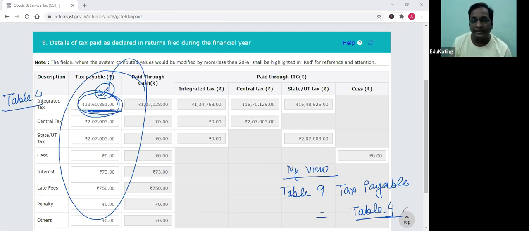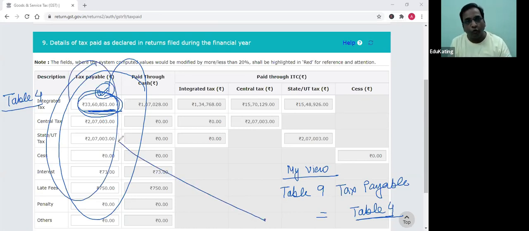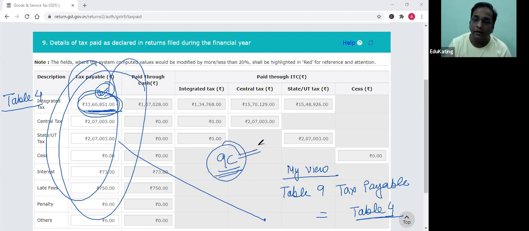I fully agree that in the paid through ITC, 1 crore would appear and we can't change that. That is acceptable. But my suggestion would be that table 9 tax payable should be equal to the table 4 tax liability, so that you will not have the problem of mismatching in 9C as well. There is also the same table, that is table 9.